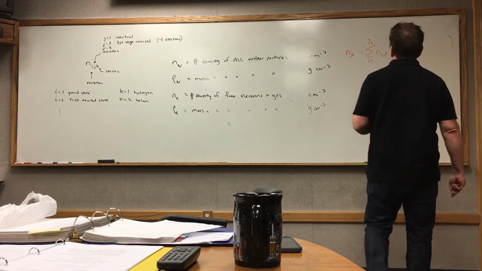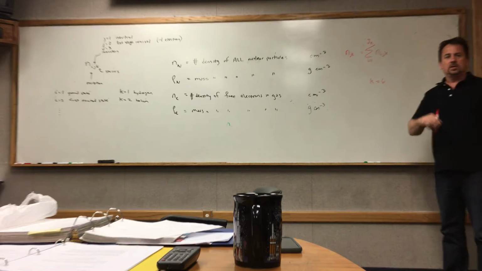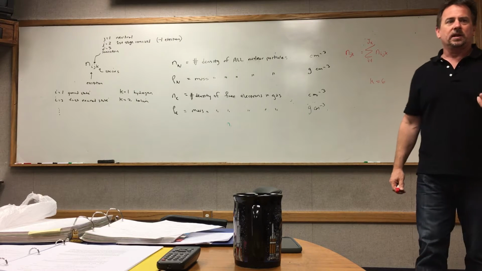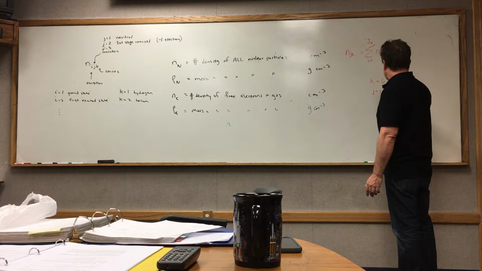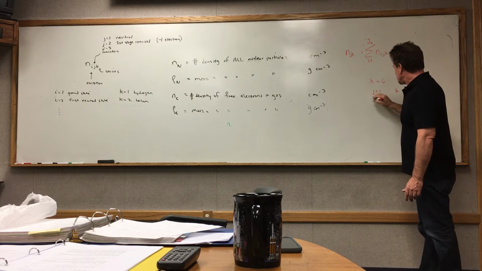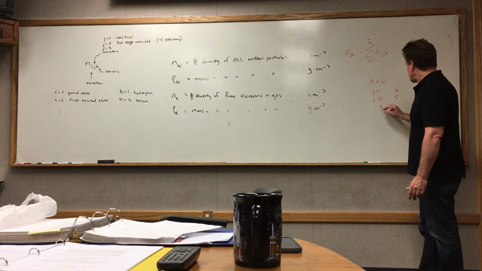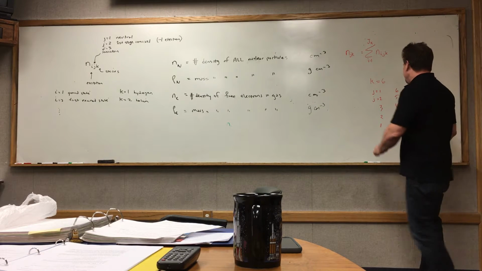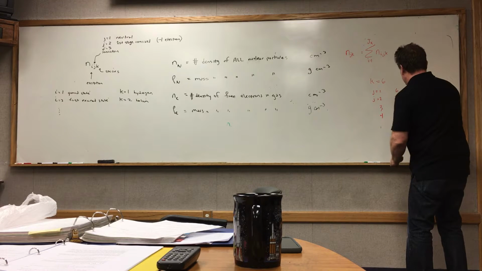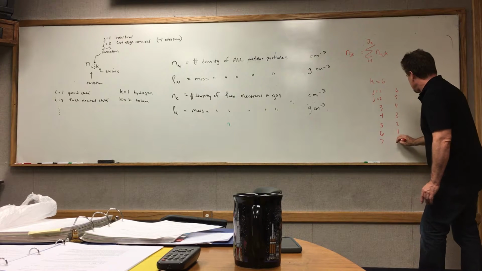If you've got carbon where K equals 6, how many J levels are there? How many electrons are there? 6. J equals 1 is the ground, that's 6 electrons. J equals 2, that is 5 electrons, 3, 4 electrons, 4, 3 electrons, 5, 2 electrons, 6, 1 electron, 7, 0 electrons.